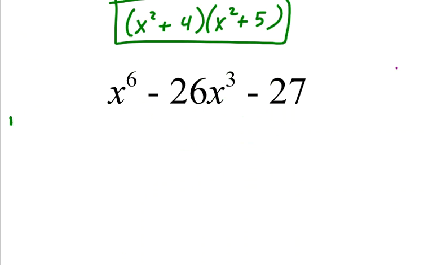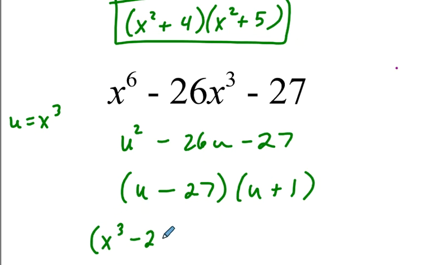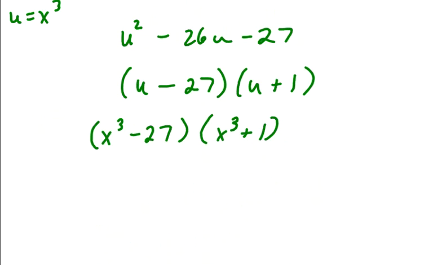So in this one I would make my u x cubed, which would make u squared minus 26u minus 27. Factor: u minus 27 and u plus 1. So really that's x cubed minus 27 and x cubed plus 1. But wait, there's more.